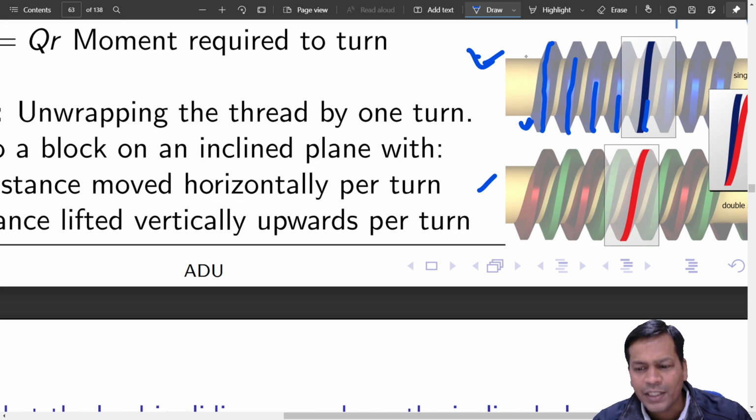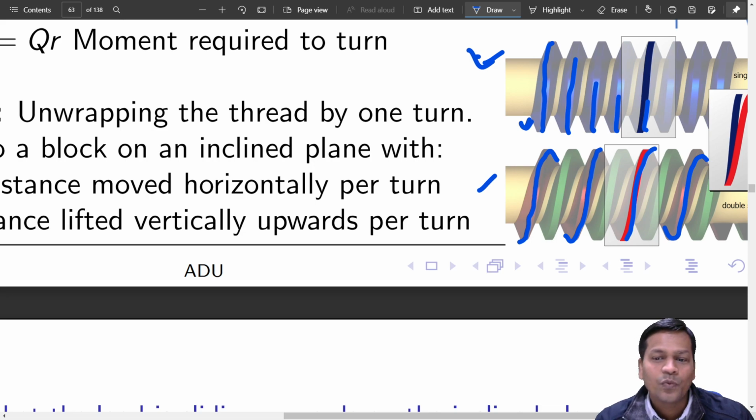So this is a single start thread, but there is a possibility that you have a double start. What is that? If you follow one of the threads, you will start here, go behind, and come back here, like that. Every alternate one is one single thread. Where does this begin? Let us say you have two starts.